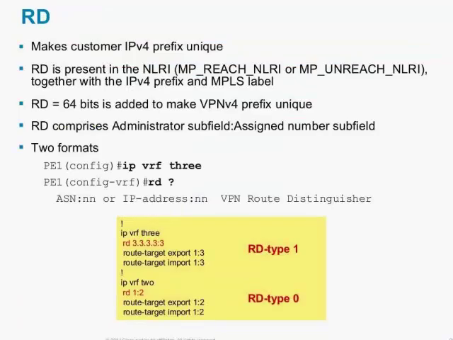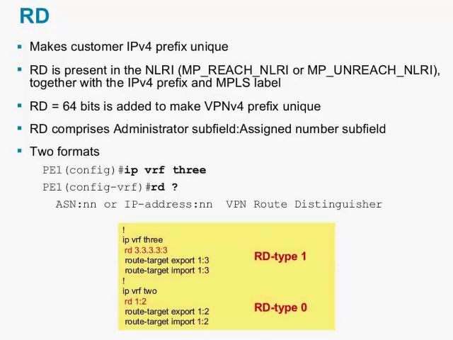RD, route distinguisher, is a 64-bit value that will be attached to the VPN prefixes of 32 bits to make it a 96-bit VPNv4 address. The RD comprises two subfields, the administrator subfield and the assigned number subfield. As you can see in this example, there are two ways of representing RD: ASN:NN or IP address:NN.